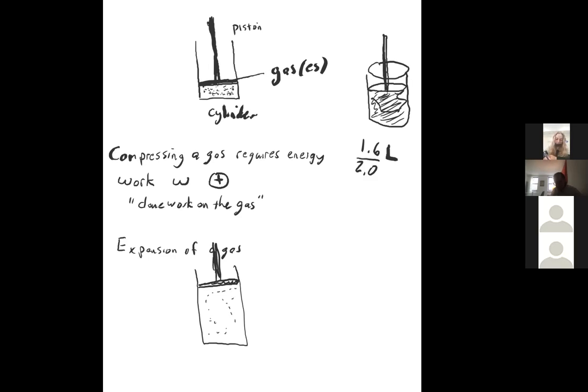If the volume gets bigger, that means it expanded. Well, essentially what happens here is the gas is pushing against the air. Often you'll see it says 1 atmosphere. 1 atmosphere is just telling you that there's air pressure outside. So to push the air out, it takes energy to push the air away. So it's the opposite. If a gas expands, then your work is negative.